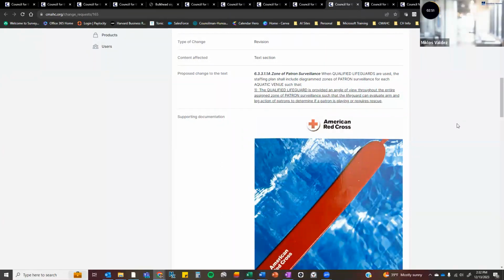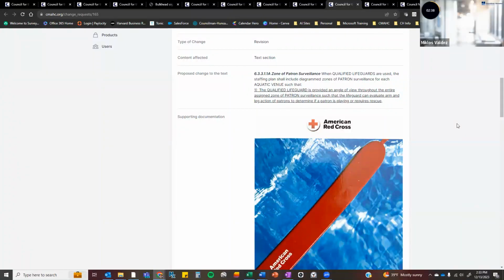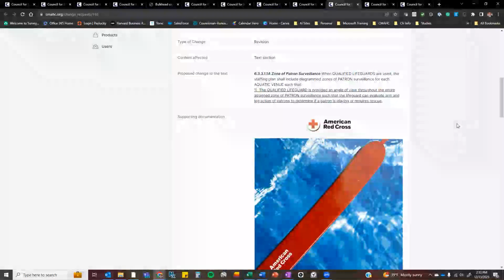in this section. Correct. And to the TSC, it's kind of the same comments, right, about not being technically defensible. They don't feel like arm and leg movement is really the crux of what we're looking for with the current lifeguard scanning training that's out there. An unconscious person, a paralyzed person has no arm and leg movement.